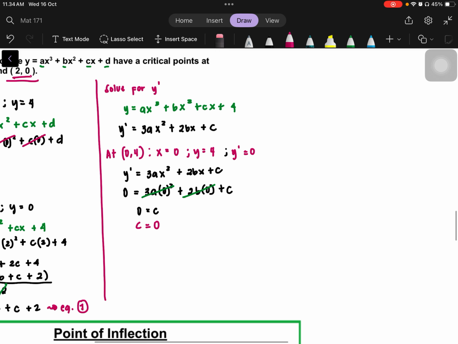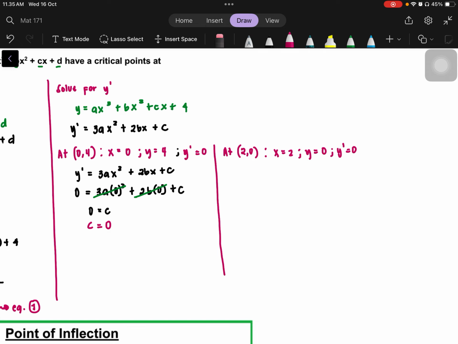So, kung ginamit natin si 0, 4, gamitin din natin ngayon si 2, 0. Okay? So, at 2, 0. Ibig sabihin, x is equal to 2, y is equal to 0, and again, y prime is equal to 0. Okay.